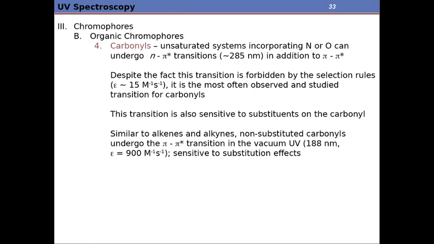But as we have already discussed, the n to pi star transition is forbidden by selection rules, though it could happen very weakly, whereas the pi to pi star transition is highly allowed, and could happen in the ultraviolet to visible region, depending upon whether the molecular system is conjugated or non-conjugated.